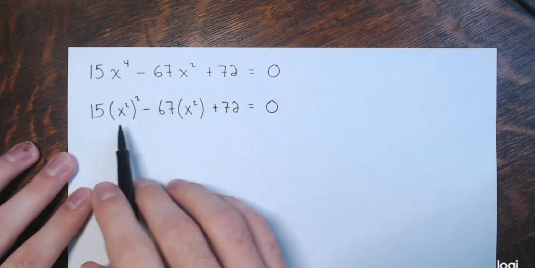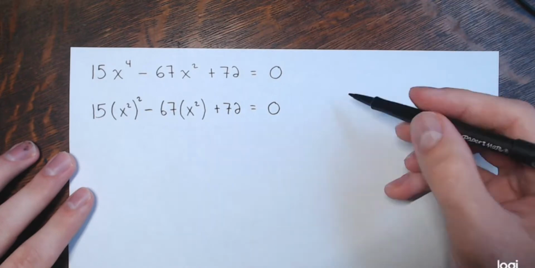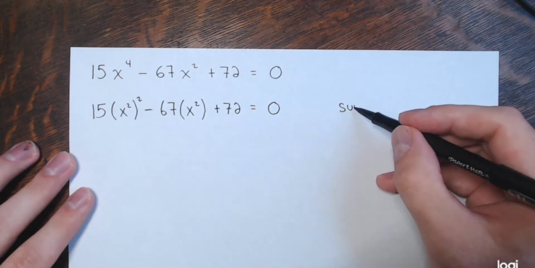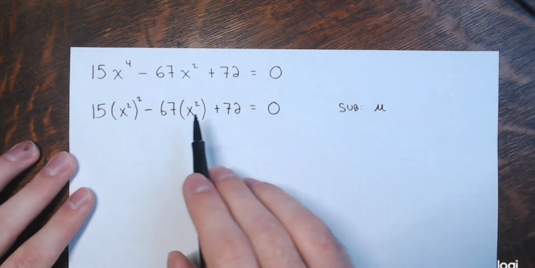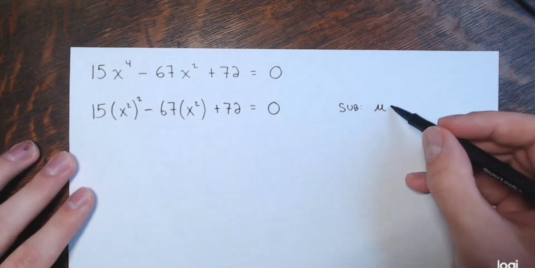Definitely quadratic in form. I'm going to make the following substitution: I'm going to replace these x squareds with u.